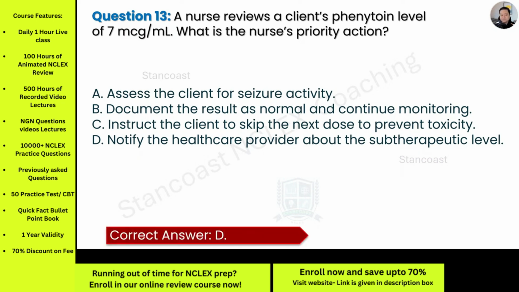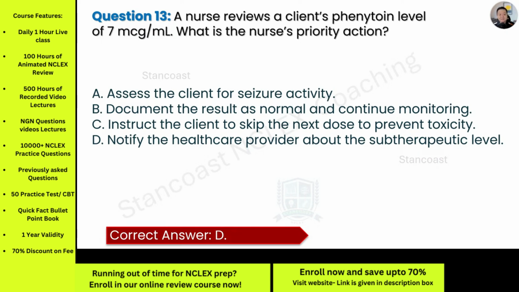So, this anticonvulsant drug phenytoin has a narrow therapeutic index. Recall that the therapeutic range is about 10 to 20 micrograms per ml.